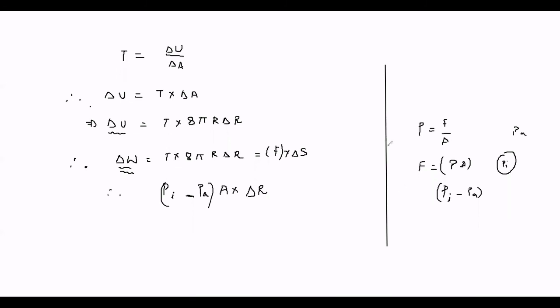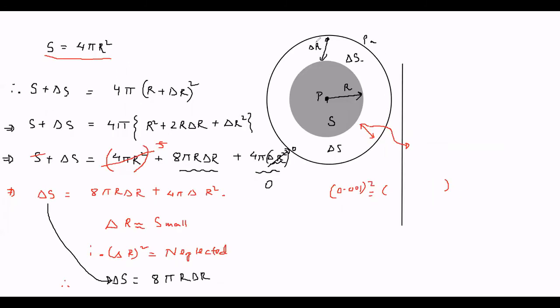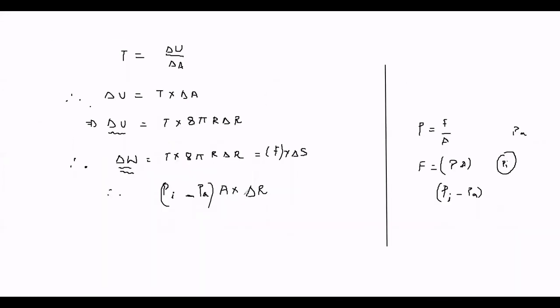Here the delta R is only the change in length. So I can replace with delta R. And this is equal to what? T into 8 pi R delta R.